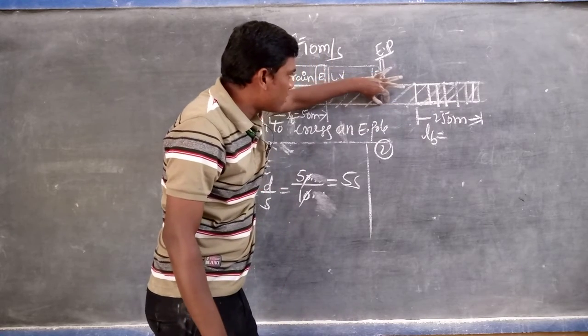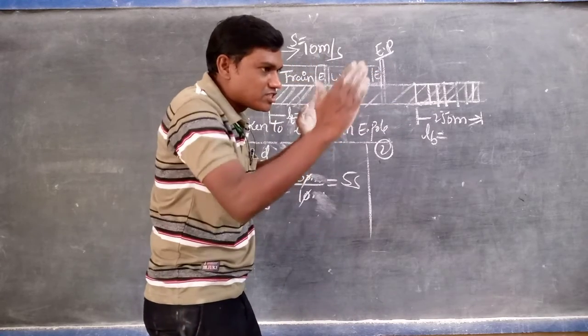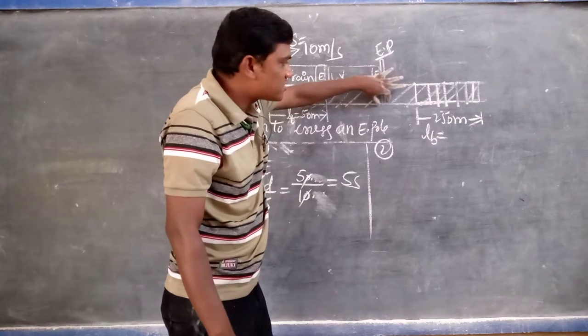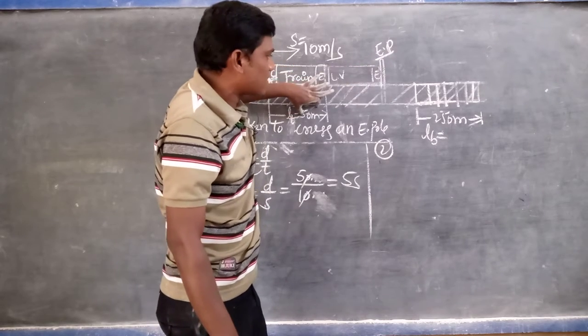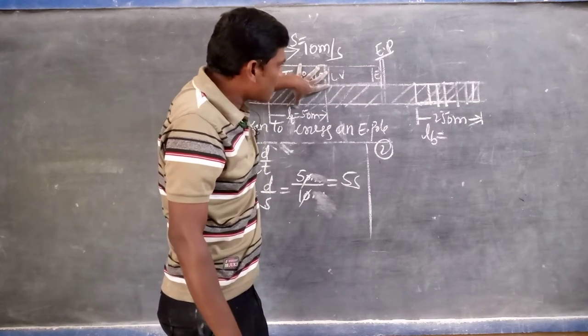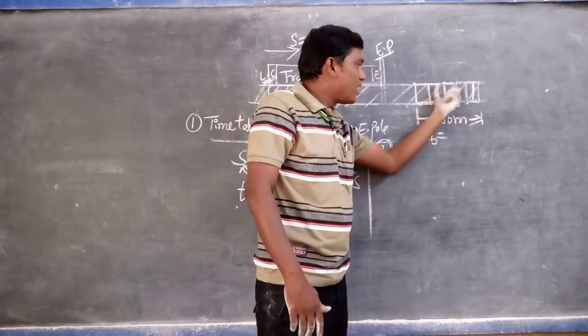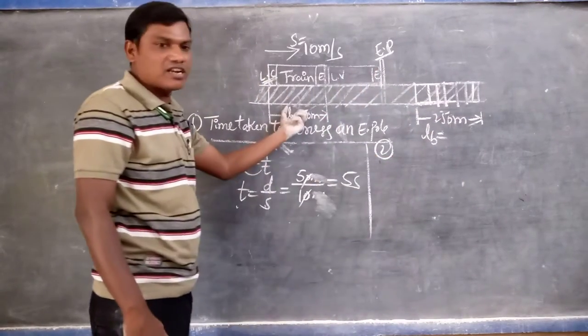The length of the electrical pole compared to the bridge is very small, so you don't consider it. To totally cross the bridge you consider the length of the bridge plus the length of the train.